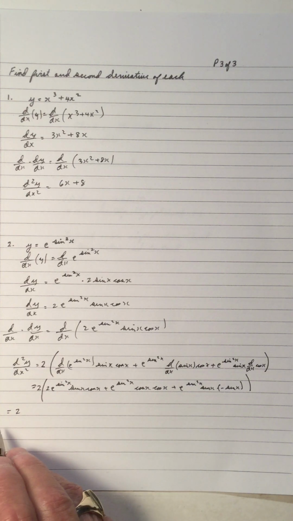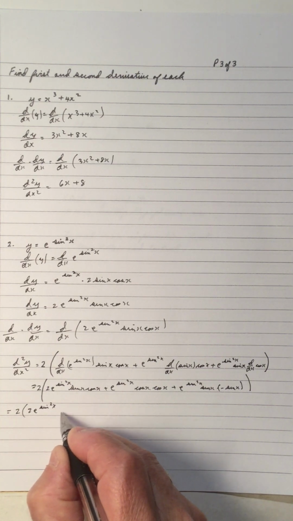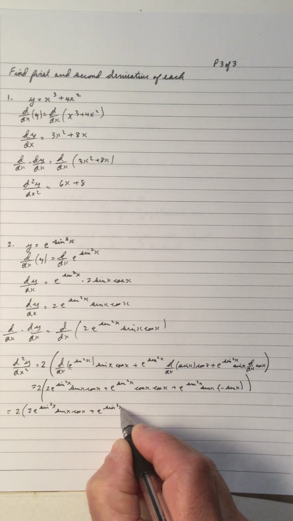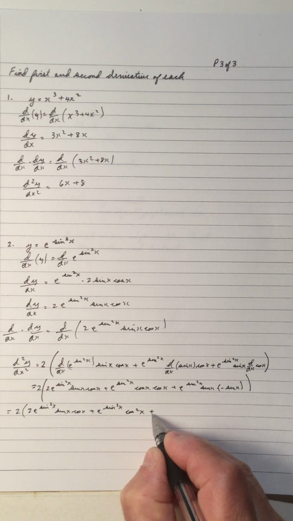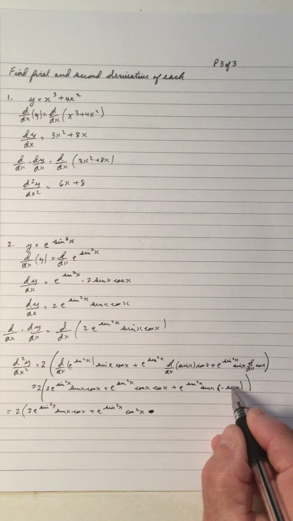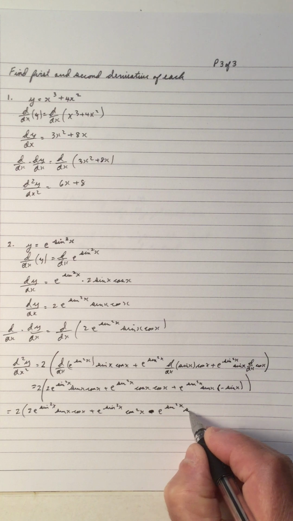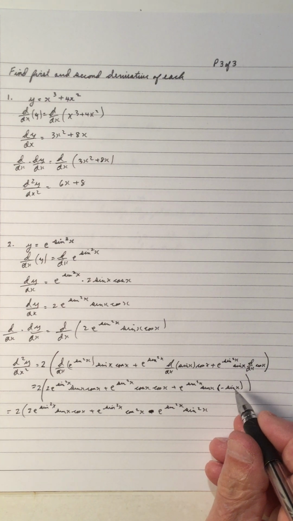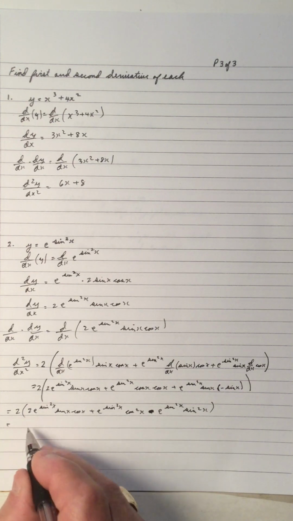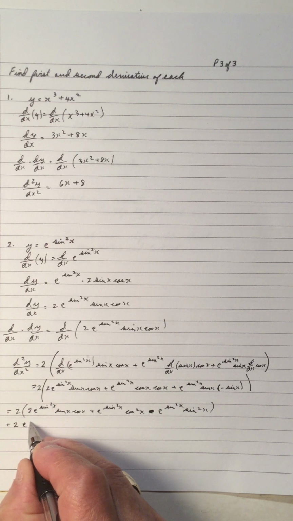So we have 2e to the sine squared x sine x cos x, e to the sine squared x cos squared x, and a minus, because of the negative right there, negative e to the sine squared x times sine squared x. e to the sine squared x is in each of these, so I can factor that out if I want to make it a little easier.